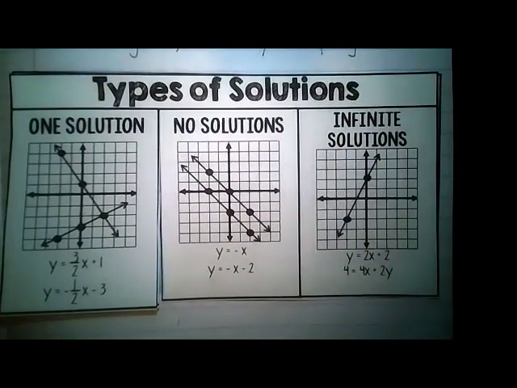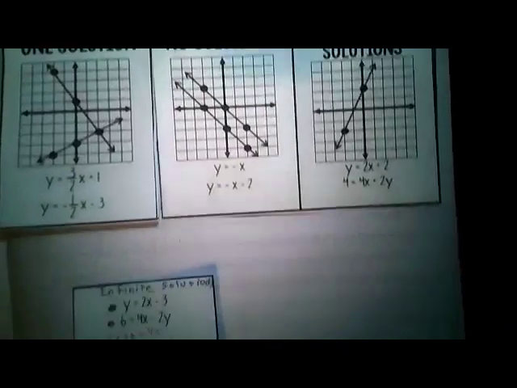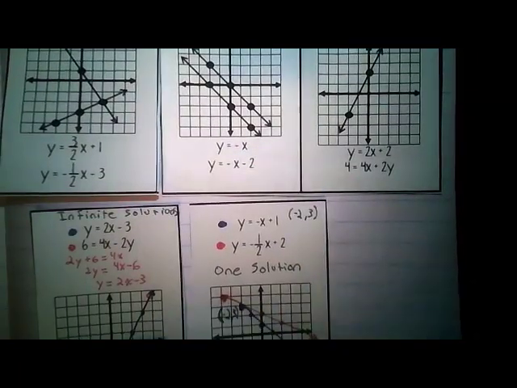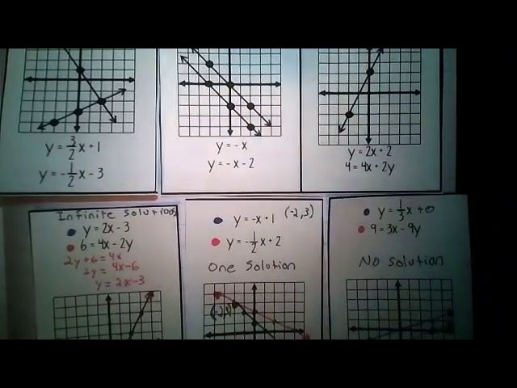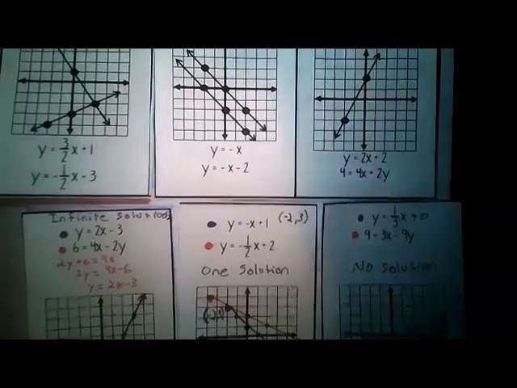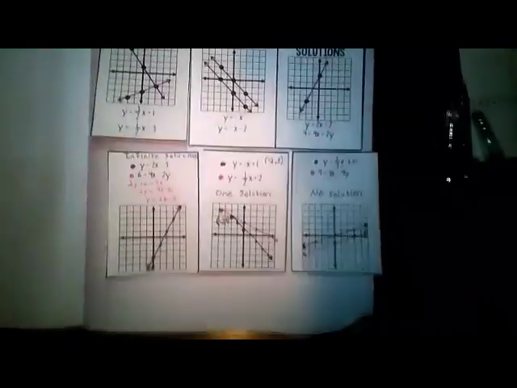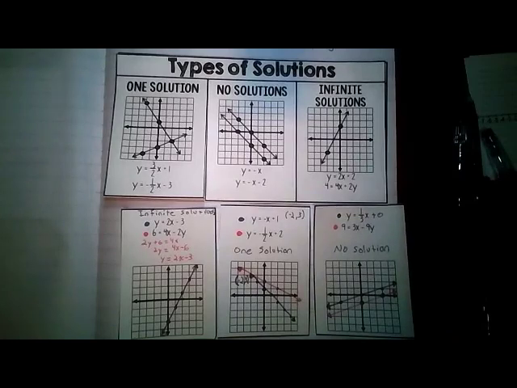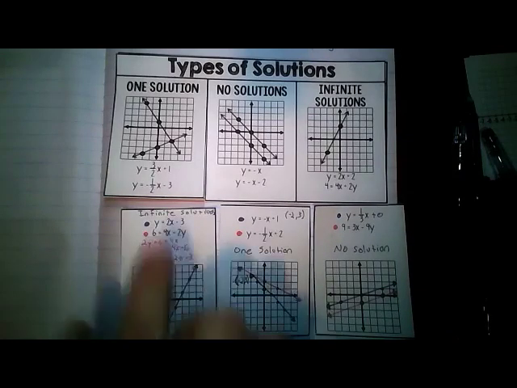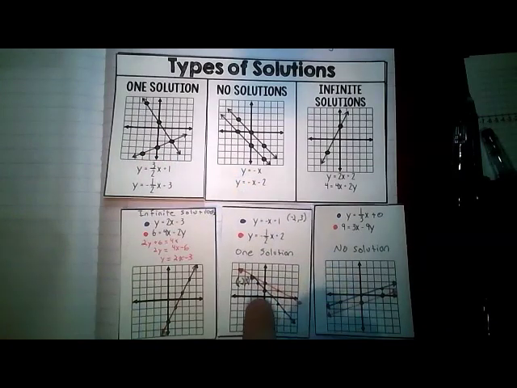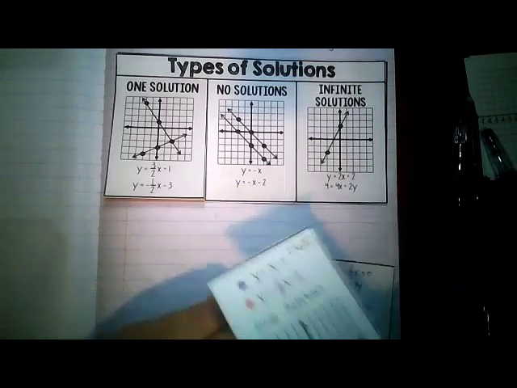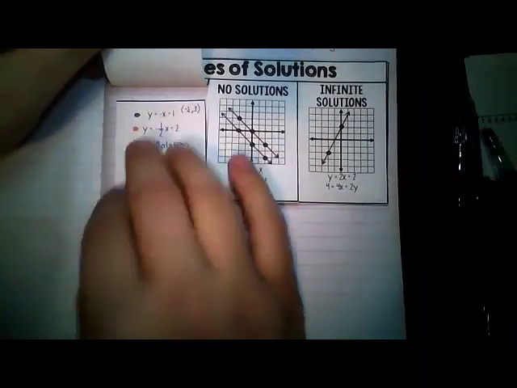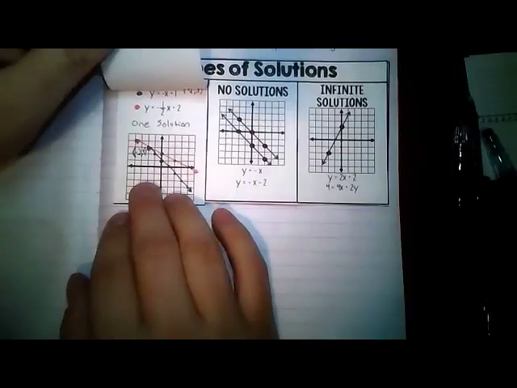Okay, now we graphed 3 different systems. And so our task is, well, we want to know which category these systems fell in. One solution is here. So I'm going to take this graph as one solution, and I'm going to glue the whole thing down right there.